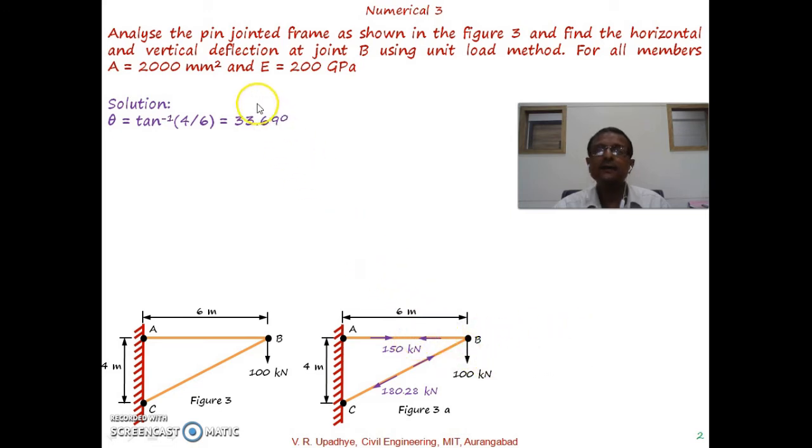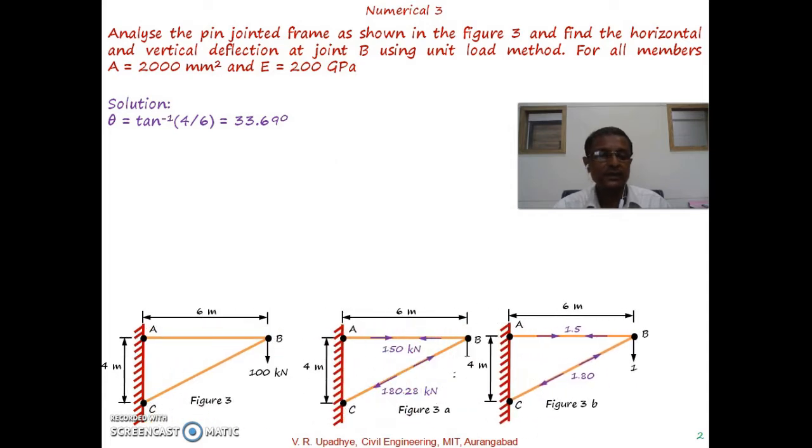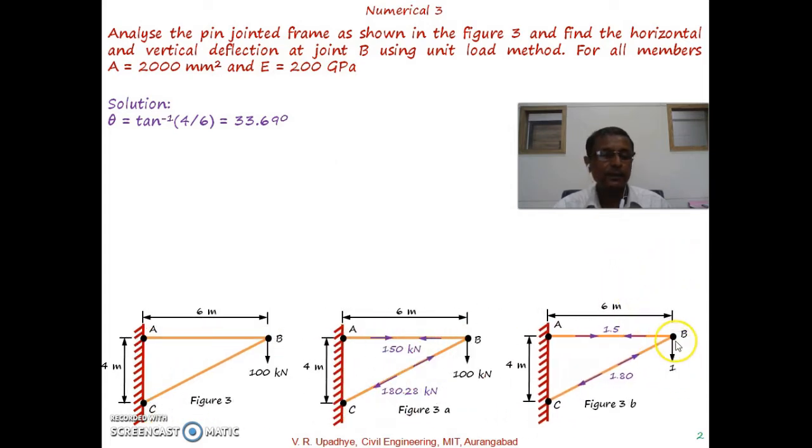Now we are interested in finding the vertical deflection and horizontal deflection at joint B. So first of all, we'll apply a unit load at joint B vertically downward. Go through this diagram. Now the unit load is applied at B vertically, and we will find the internal member forces due to this unit load.